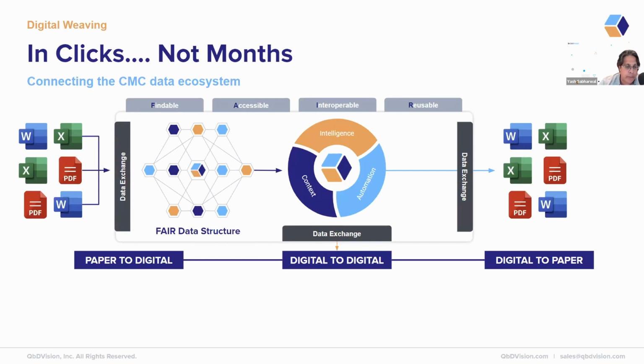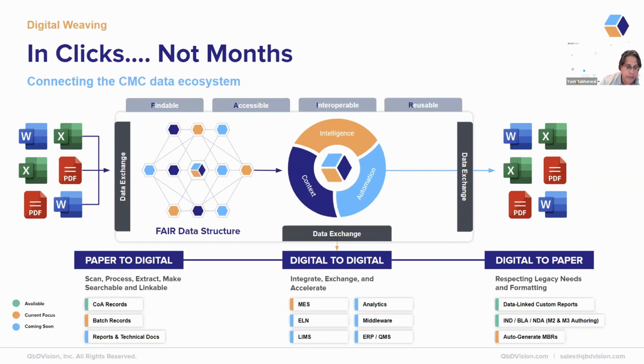But also we have to respect the fact that there's a lot of information in other places, right? A lot of it is in paper. A lot of it is in other digital systems. And of course, ultimately, you also want, in many cases, to take all that digital information and reconstruct it in a document or report form, because that's still helpful to your operations.